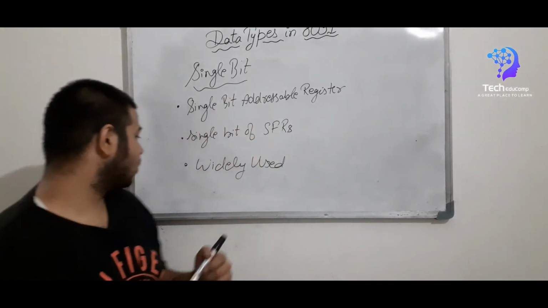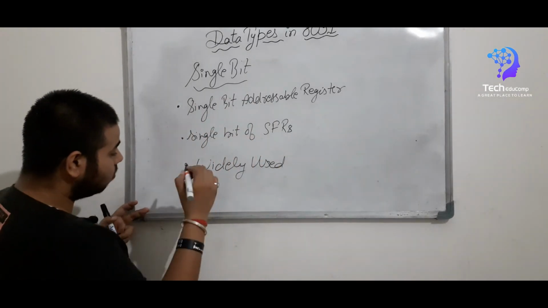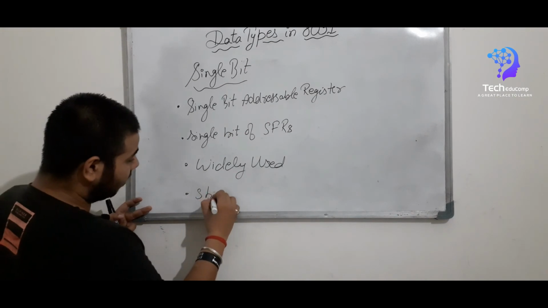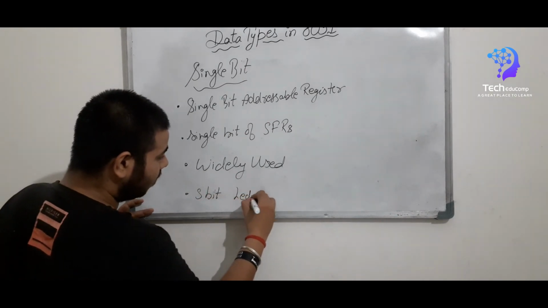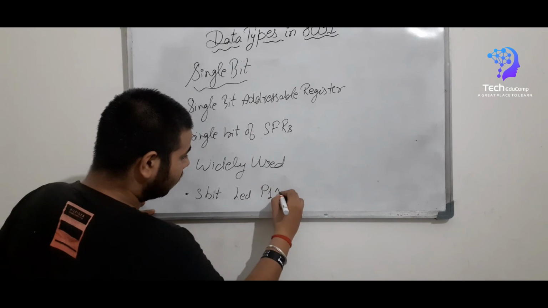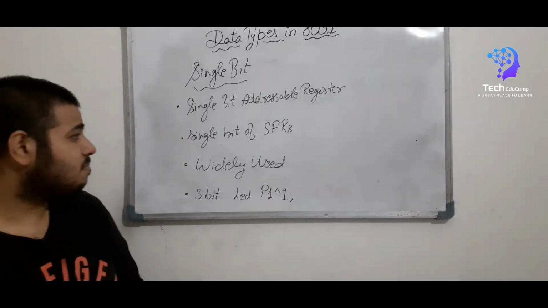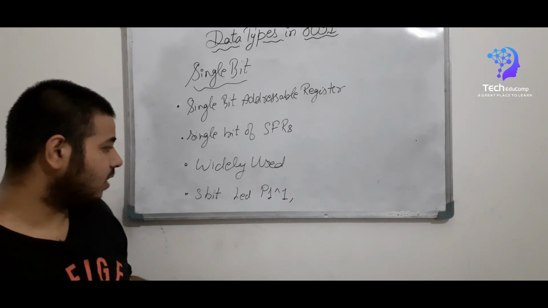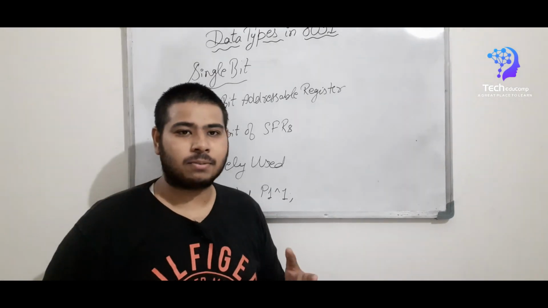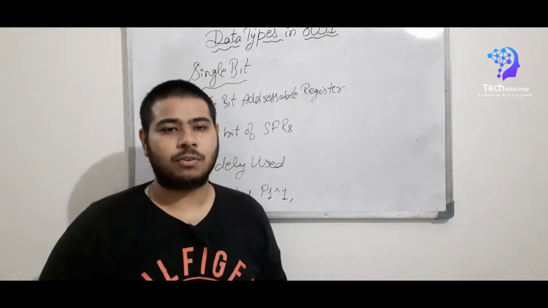For example, I can write an example for you: sbit LED = P1.1; Now I will explain briefly what this sbit does. You can watch my practical video, and I will put that video in the i button.